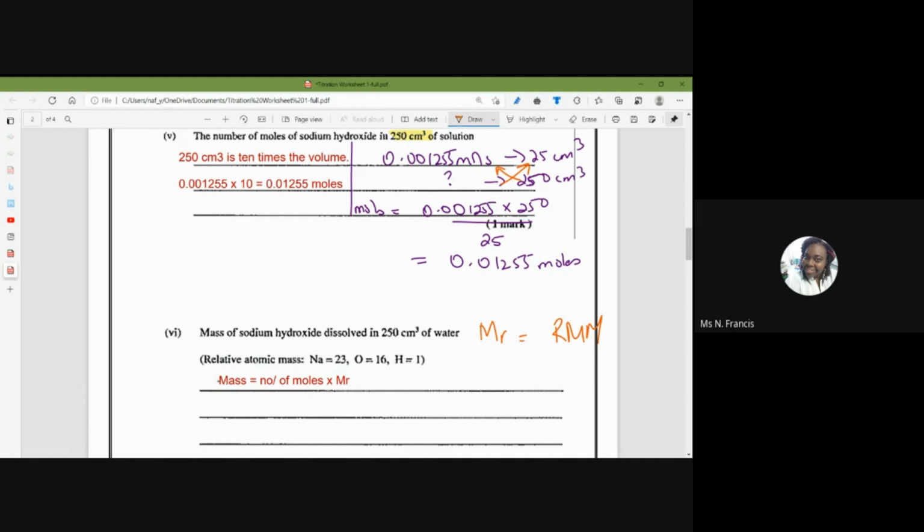Molar mass is just saying what is the mass of 1 mole of this substance. We're going to go into it this week, don't worry.